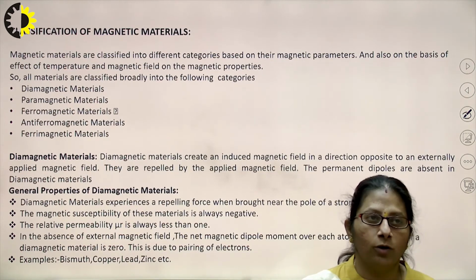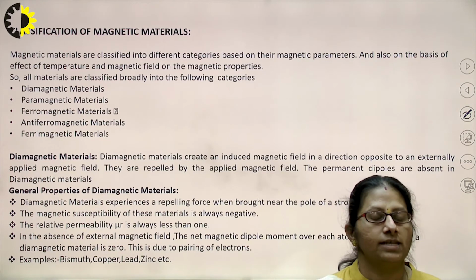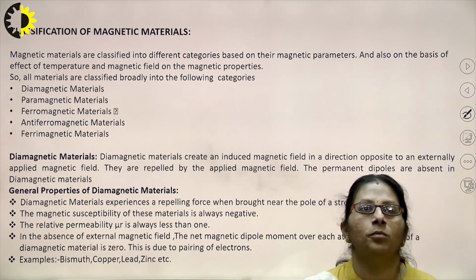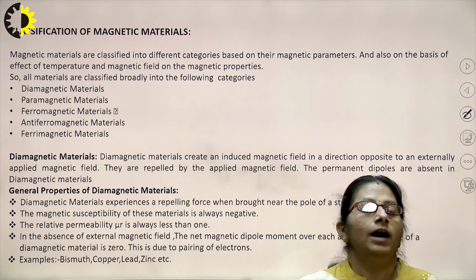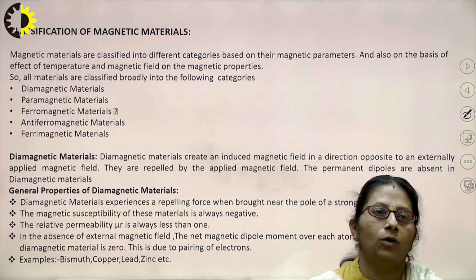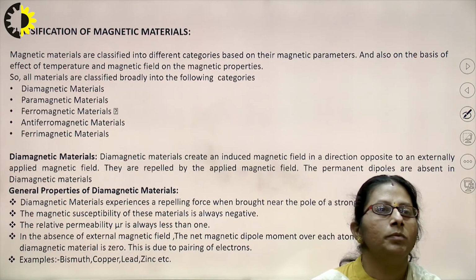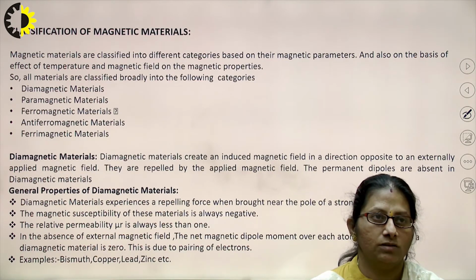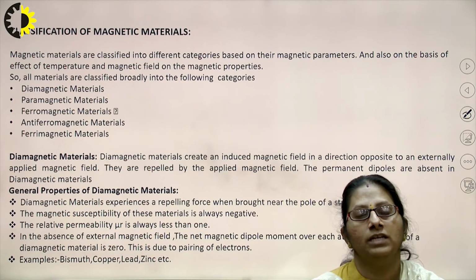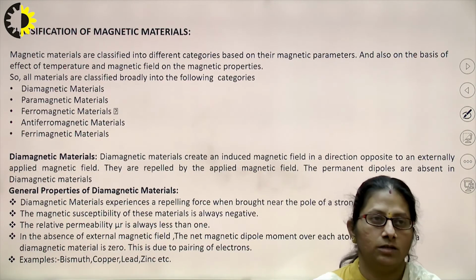Coming to the next topic of ours, that is the classification of magnetic materials. As we have studied a transformer core, and we will be studying electrical machines, their core, let it be stator core or rotor core, would be constructed with magnetic material. So I need to study the properties of these ferromagnetic materials and the kinds of magnetic materials.